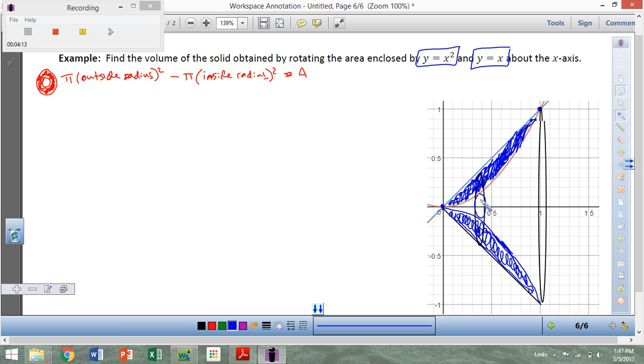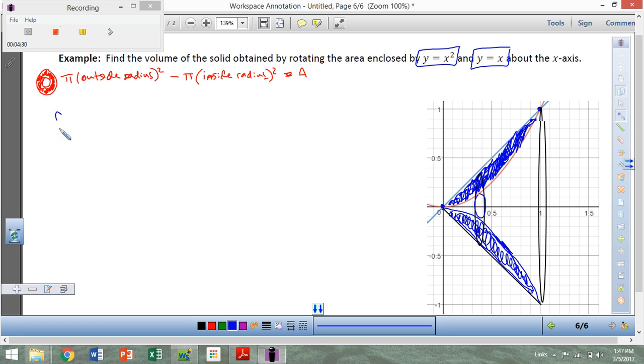I don't have any area underneath that second line. So I've got an outside circle, subtracting away an inside circle, and I'm going to add all those areas up. At that point it's just like a disk, but make sure you subtract away the inside part.